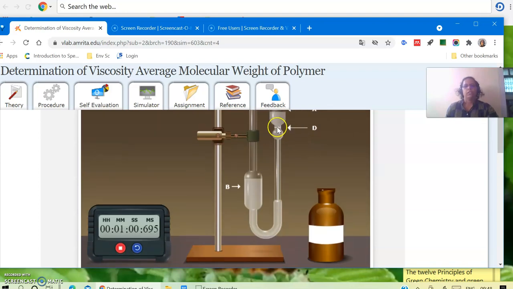As soon as it reaches this mark D, we will stop it. So I have stopped it.